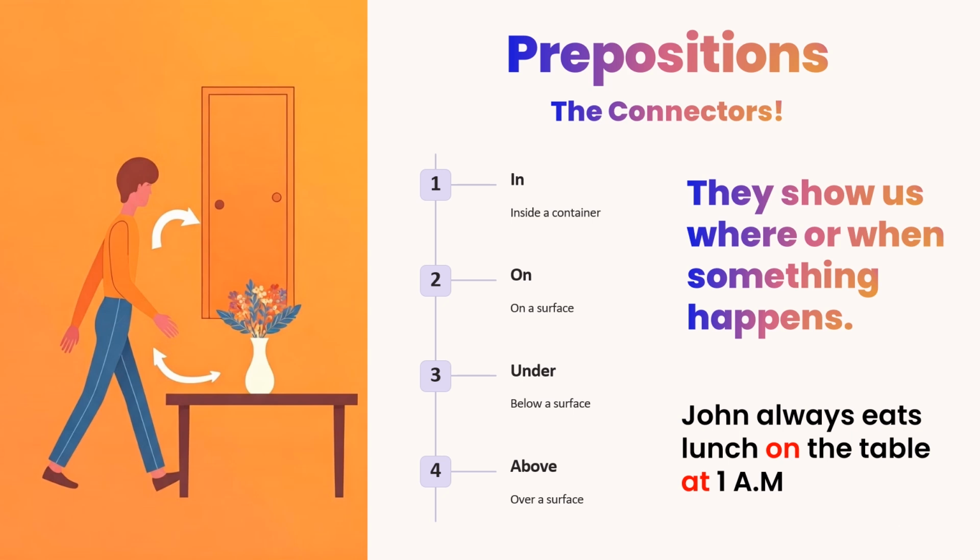At 1 a.m. So look, on and at, they are prepositions. We have prepositions of place and we have prepositions of time. They are like the ones who help you find your way when you are lost. Without them, we would be very confused about where things are happening or when things are happening.